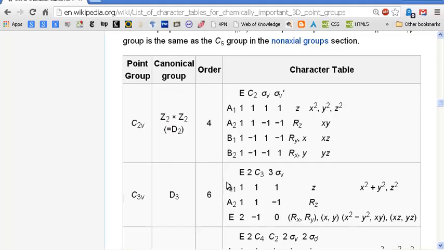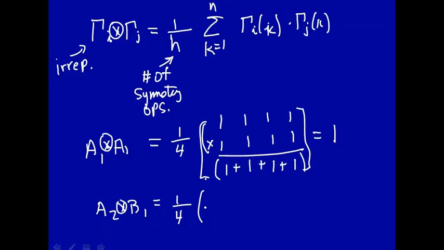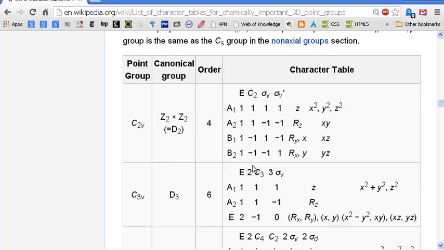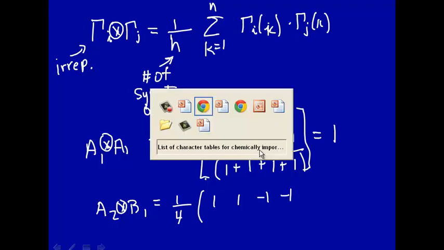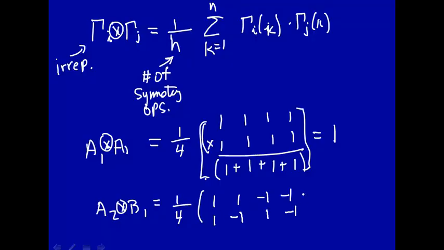Now let's see what A2 is. 1, 1, minus 1, minus 1. And B1 is 1, minus 1, 1, minus 1. All right, so let's multiply these and add them. 1 minus 1 minus 1 plus 1, that's equal to 0. So look at that, 0. When you multiply these two together, where we're defining this as the multiplication, we get 0.